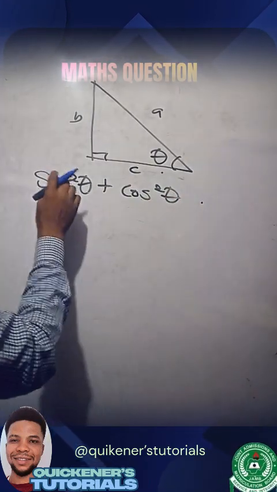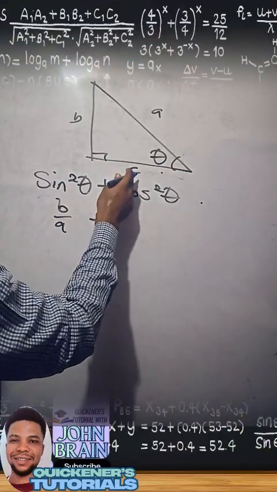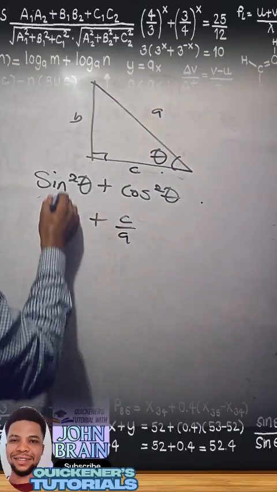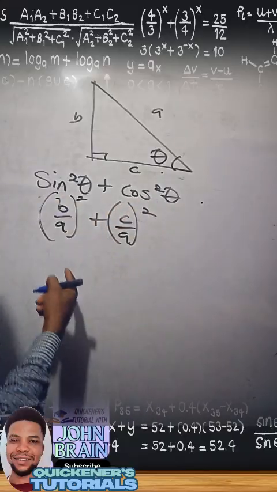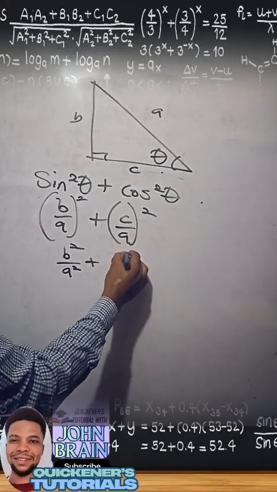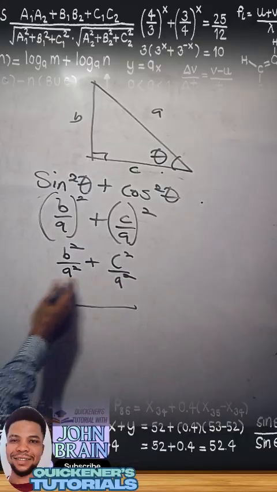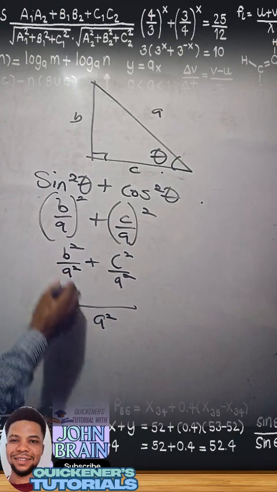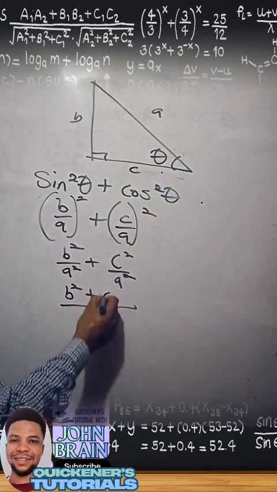Sin theta is B over A, plus cos theta is C over A. When you square them, we have B square over A square, then C square over A square. So collect like terms. The LCM is A square. A square divided by A square is 1, times B square, that's B square, plus A square divided by A square is 1, times C square, that's C square.